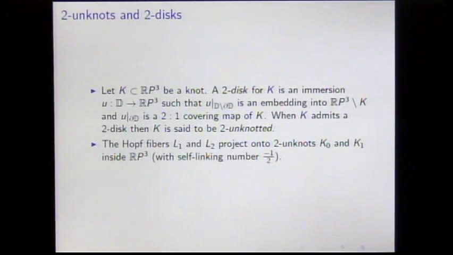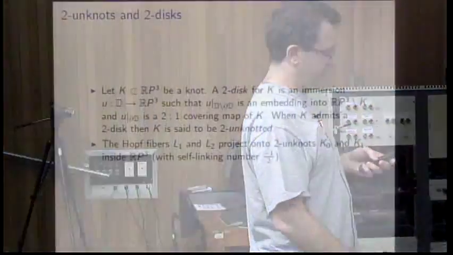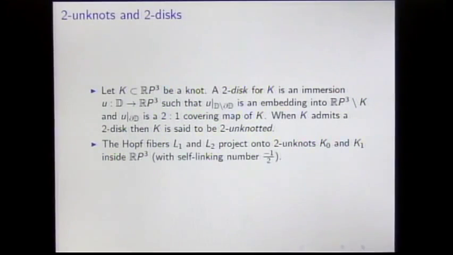Okay, we could have projected also L1. It would be the same thing. It would also be a 2-unknot with a similar one-parameter family of such disks, providing another open book decomposition of RP3 with disk-like pages. So this is just adapted to the standard contact form on RP3.